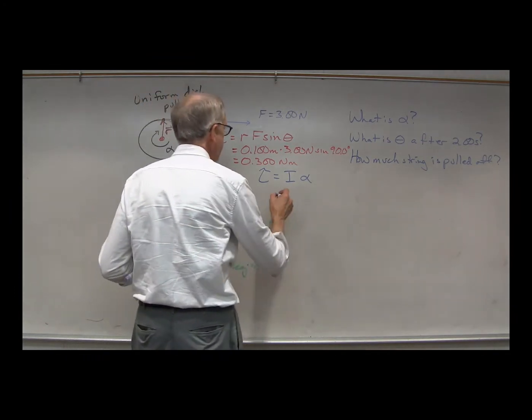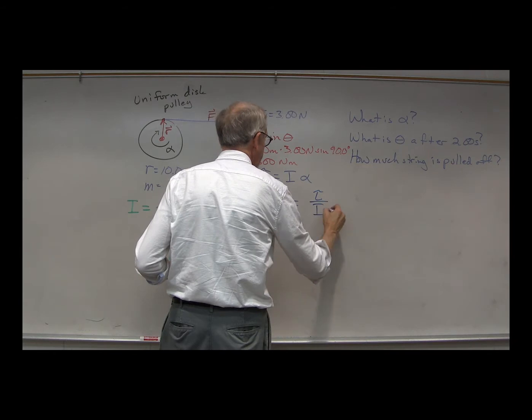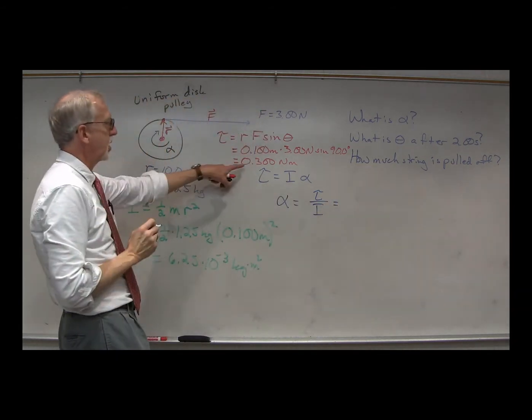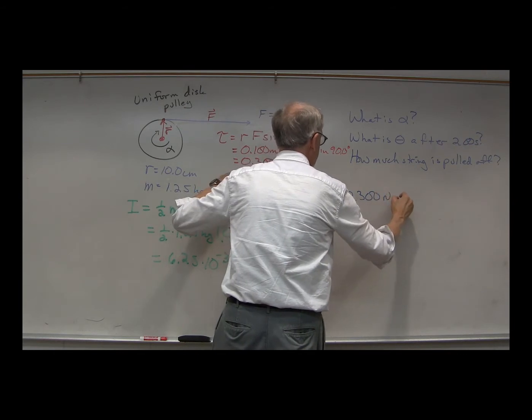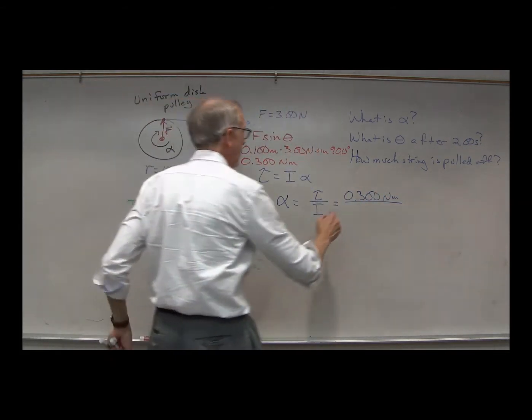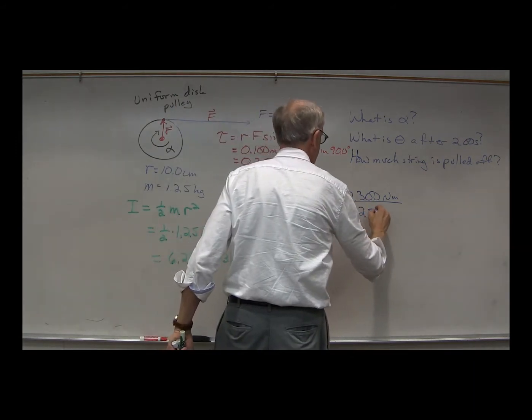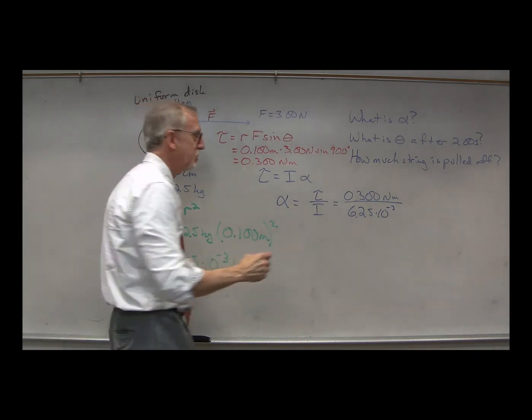So what do we get? We get that alpha is equal to tau over I, which is the torque, 0.300 Newton meters, divided by I, which is 6.25 times 10 to the negative 3 kilogram meters squared.